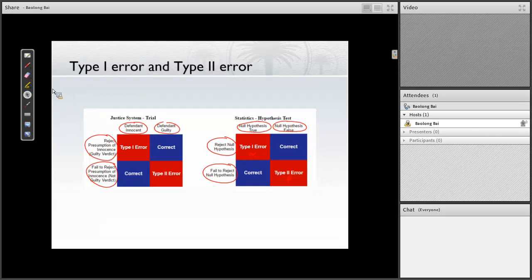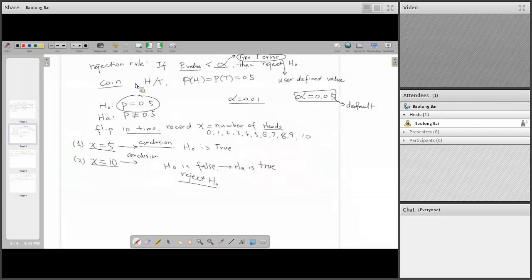If we understand this, then we go to our rejection rule. Our rejection rule is always stated like this. If p-value is less than alpha, then reject the null. All we need to change is what alpha we're going to pick. In the class settings, we'll always tell you what alpha to use.